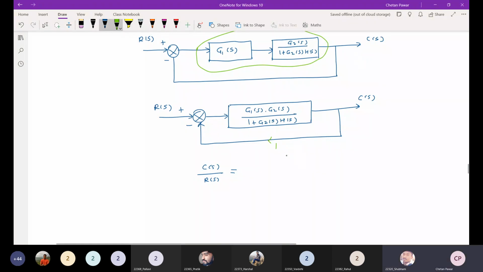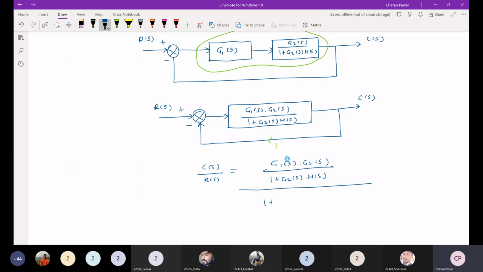The 1. Okay, so here we start with G1 of S into G2 of S upon 1 plus G2 of S into H of S, right?